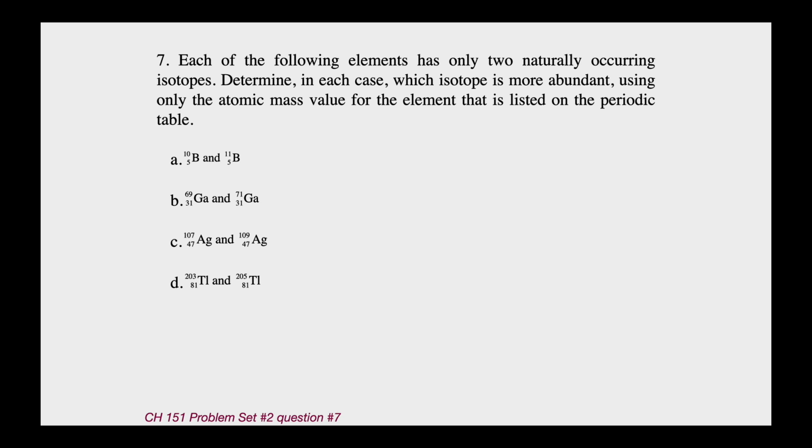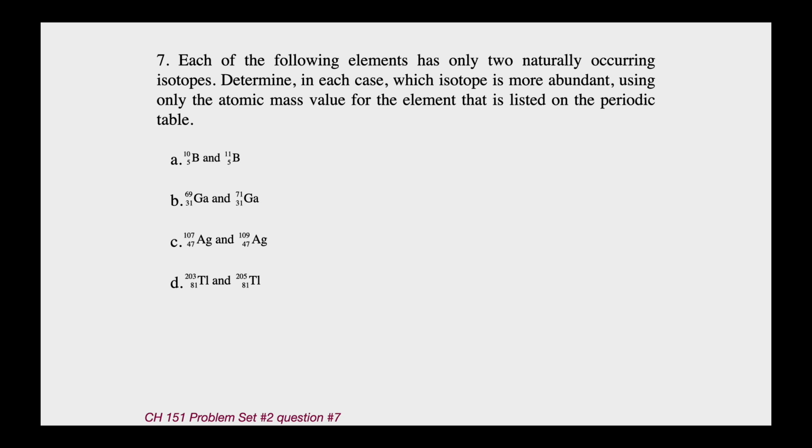And at first this question might seem a little weird, but if you think about how this works out, it's not too bad. The key to figuring out what's happening here is to have a periodic table in front of you. So for example, on the first one here for boron, all right, we've got boron 10 and boron 11. And at first you might think, man, I don't know which one's more abundant, but look at the periodic table and the atomic mass of boron, which is the other number on a good periodic table.